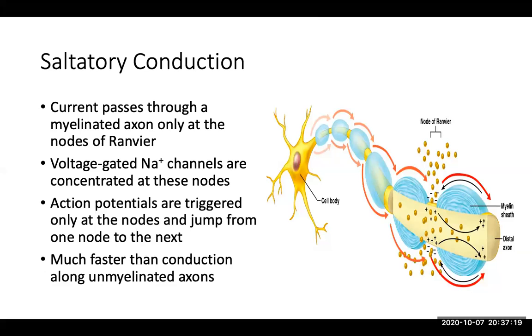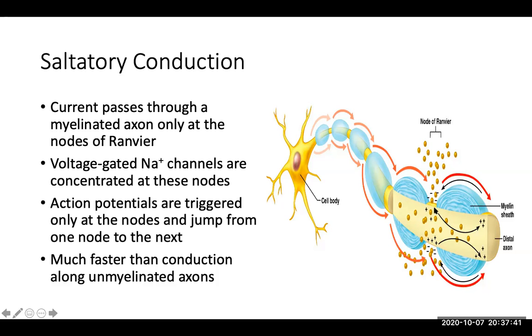Saltatory conduction describes how current or the electrical charge passes through a myelinated axon, and it only passes through at the nodes of Ranvier. And the nodes of Ranvier are the spaces between these little blue myelin sheath packets. At the nodes of Ranvier, you have more concentrated voltage-gated sodium channels, and action potentials will be triggered only at these nodes, and they'll jump from node to node.